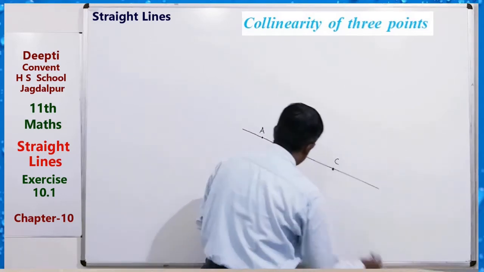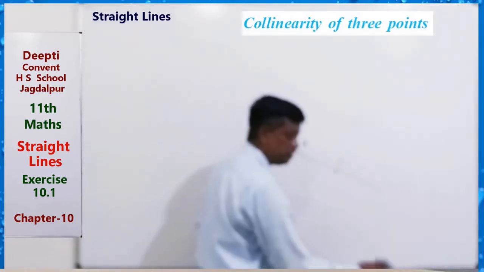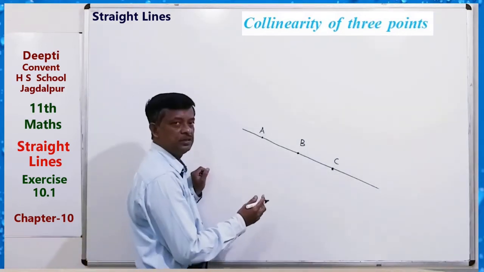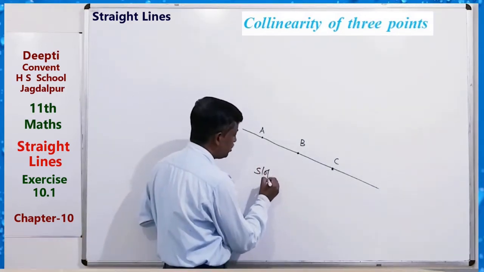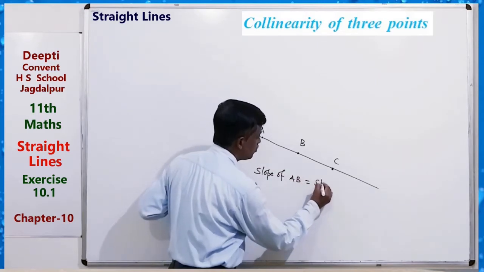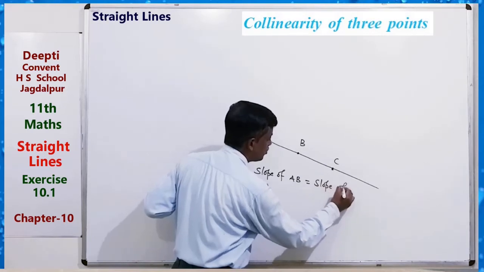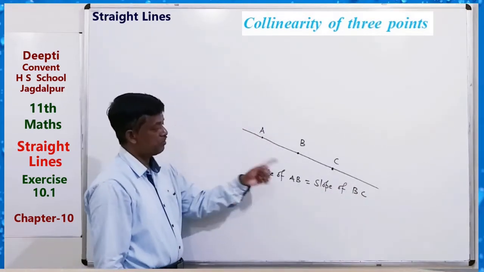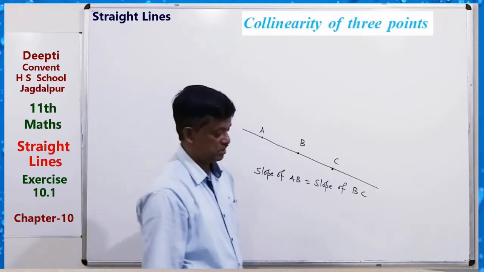So for collinearity of 3 points A, B, C, what formula do we have? Slope of AB equals slope of BC. Clear? Slope of AB equals slope of BC.